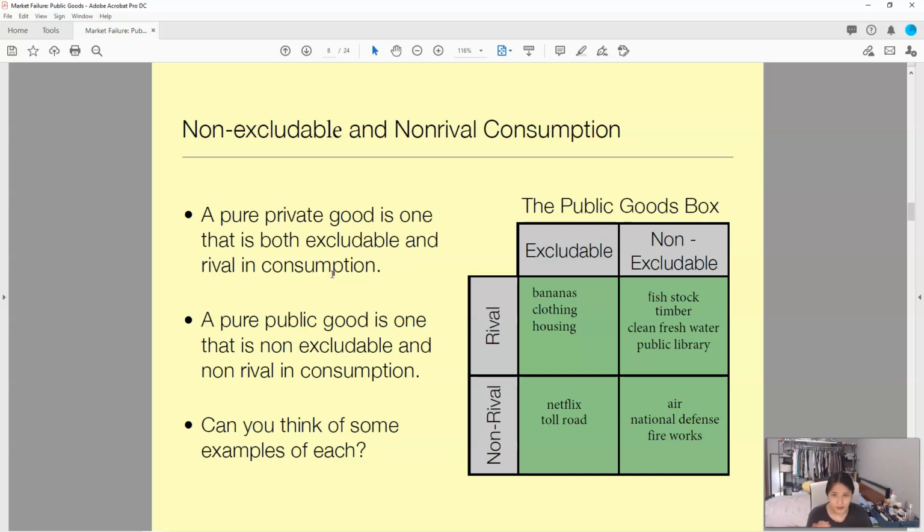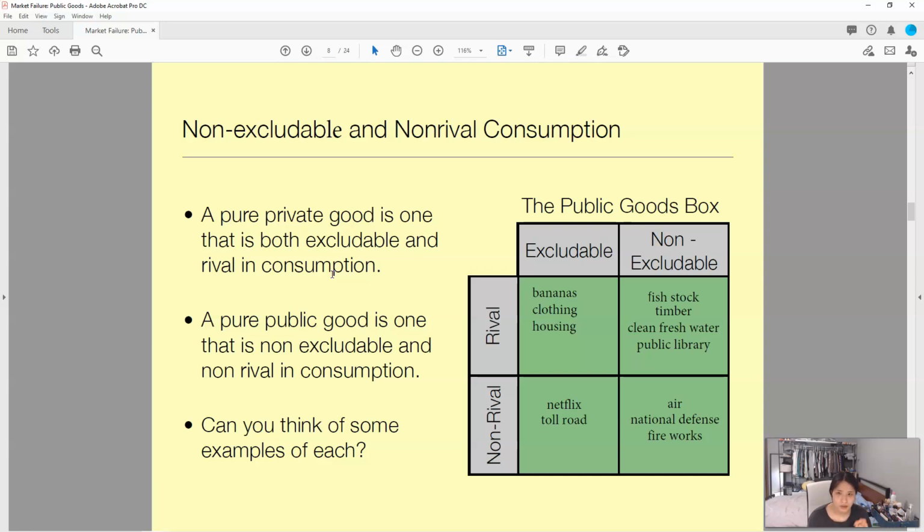Also, my experience of watching fireworks would not diminish the amount of fireworks available for you to watch, right? So that is non-rival.